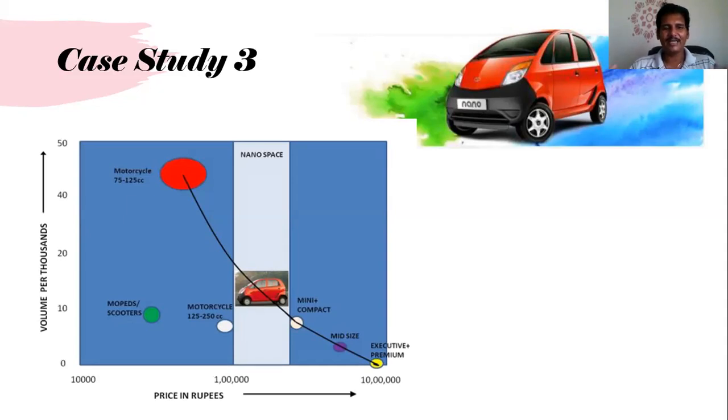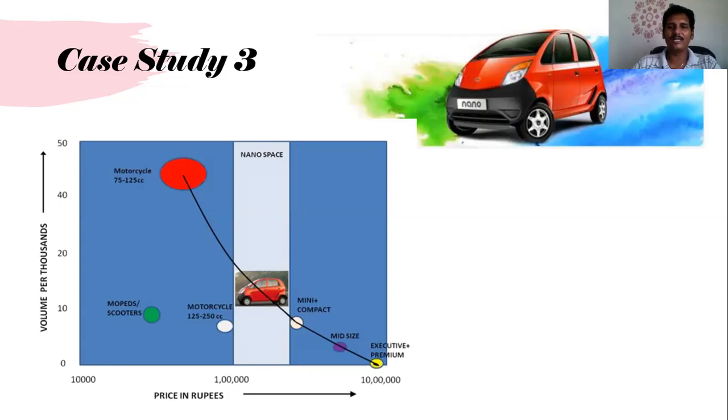On a rainy day, it's very difficult for people to travel on two-wheelers. So he thought, why can't we give them an affordable vehicle with less space, low cost, and fit for a normal family? That's how the idea of Tata Nano was born.